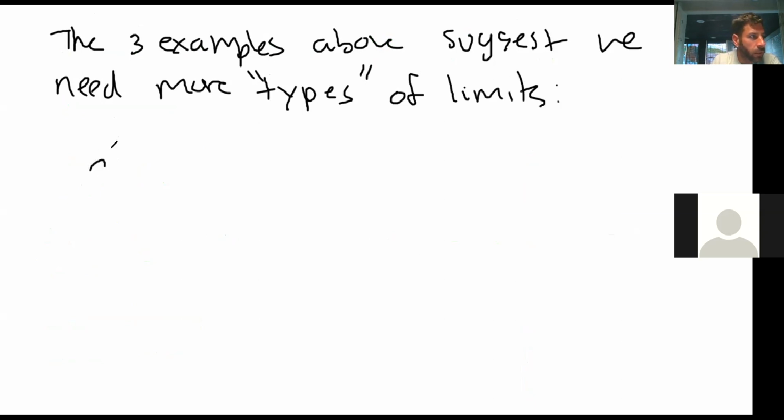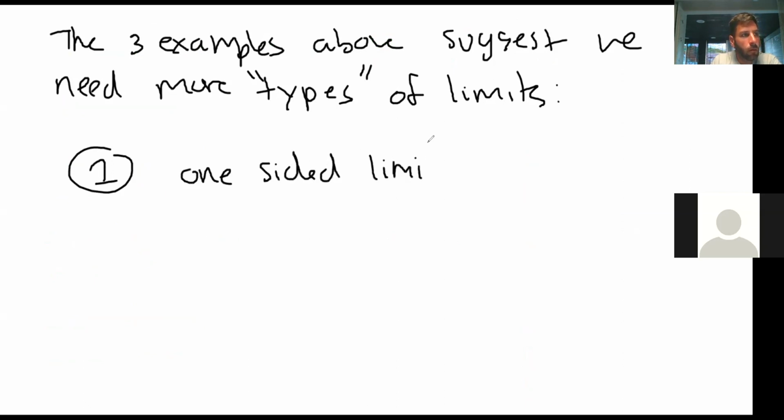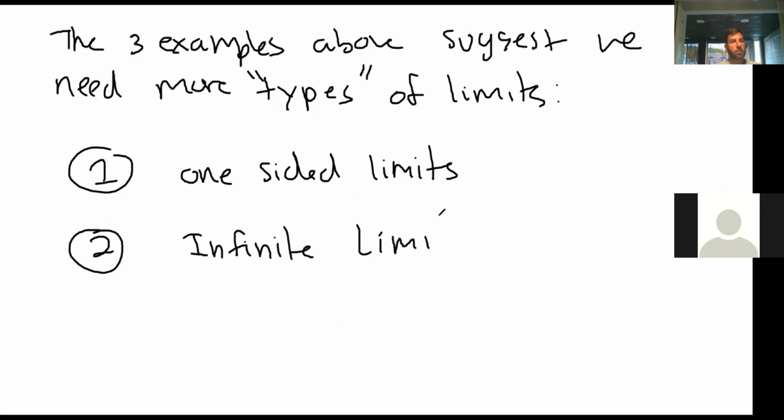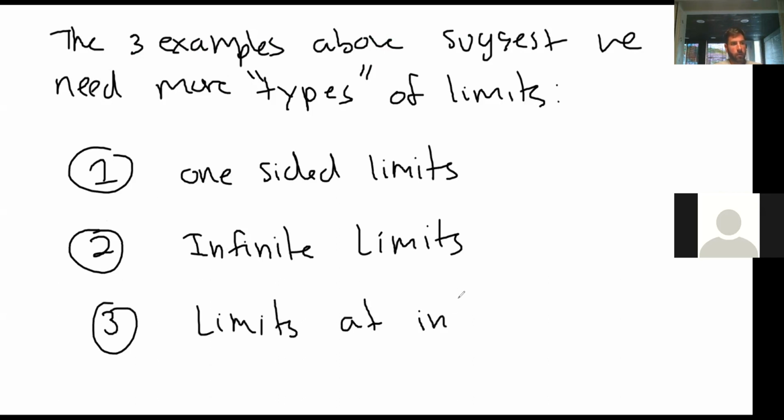So what are these types? We need what are called one-sided limits. We should define infinite limits. And then lastly, limits at infinity. These are 3 things that we need to examine more closely, or at least be aware of as options.